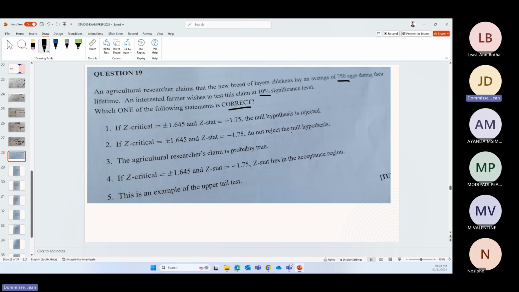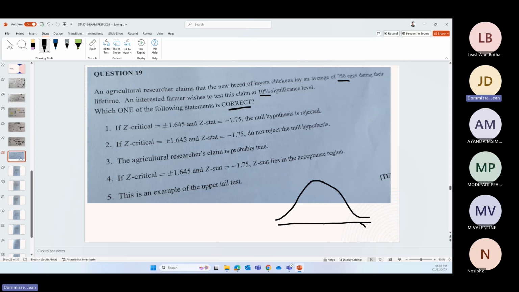Do not reject the null hypothesis. The stat lies in the acceptance region. Okay, so let's just first draw that before we start looking at the options.